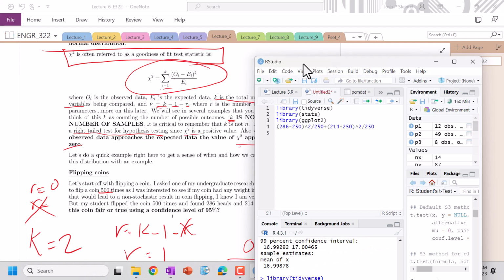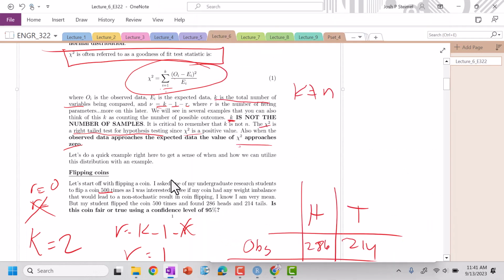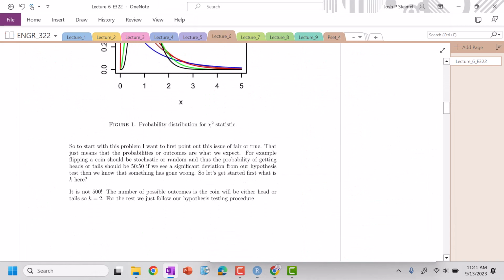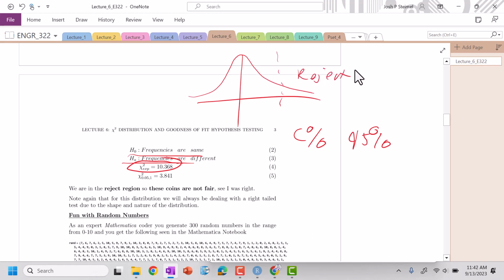And we get a value here of about 10.368. Let's check if that is correct. 10.368. Good, that's our experimental. It is a right-tailed test. So remembering back to our old pictures, this is the do not reject region, this is the reject region.